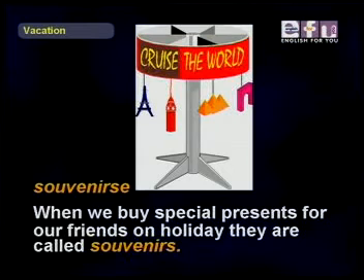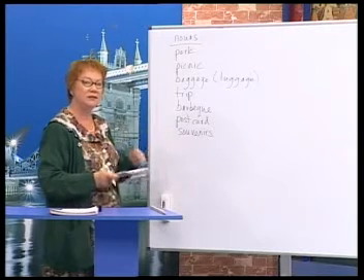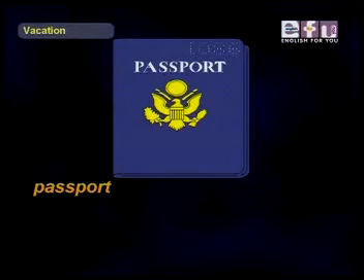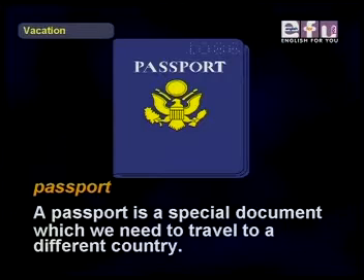But souvenirs, when we buy special presents for our friends and family on holiday, we call them souvenirs. We bring souvenirs. And everyone needs a passport to travel. A passport is a special document which we need to travel to a different country.